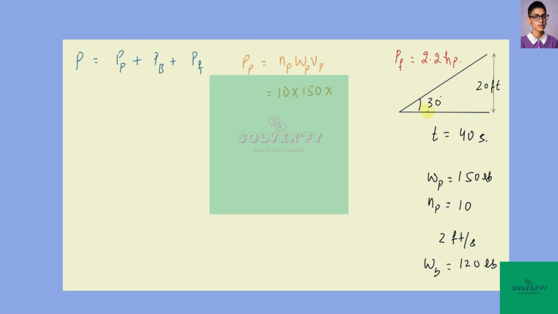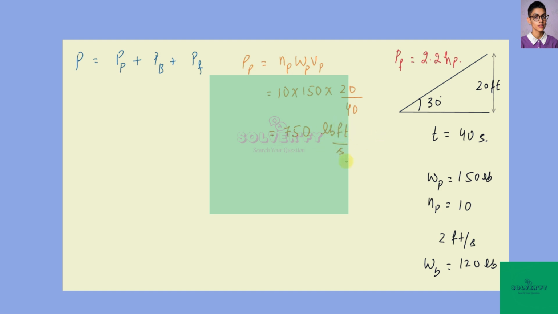The velocity equals the velocity of the escalator, which is distance over time. The distance is 20 feet and the time is 40 seconds. So the power equals 750, and the unit is pound feet per second.